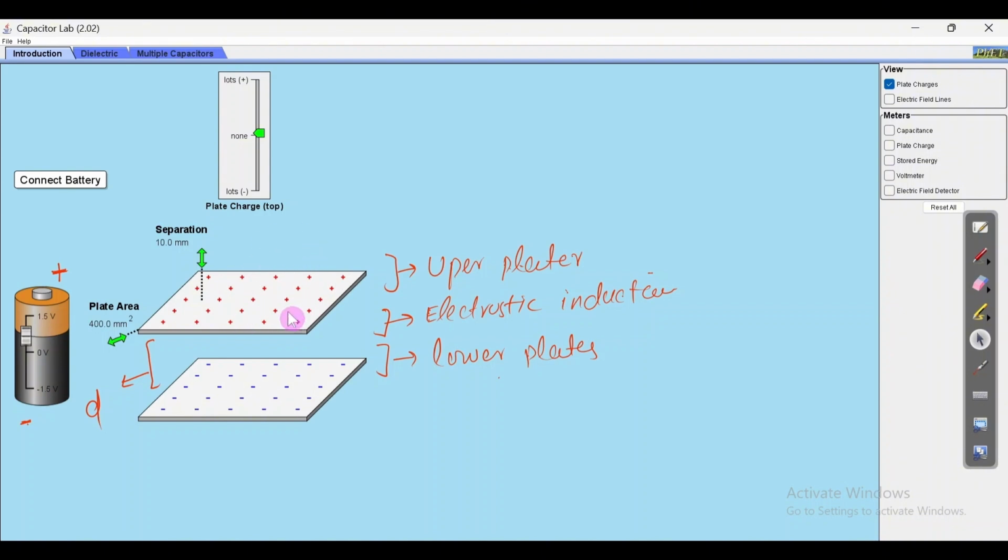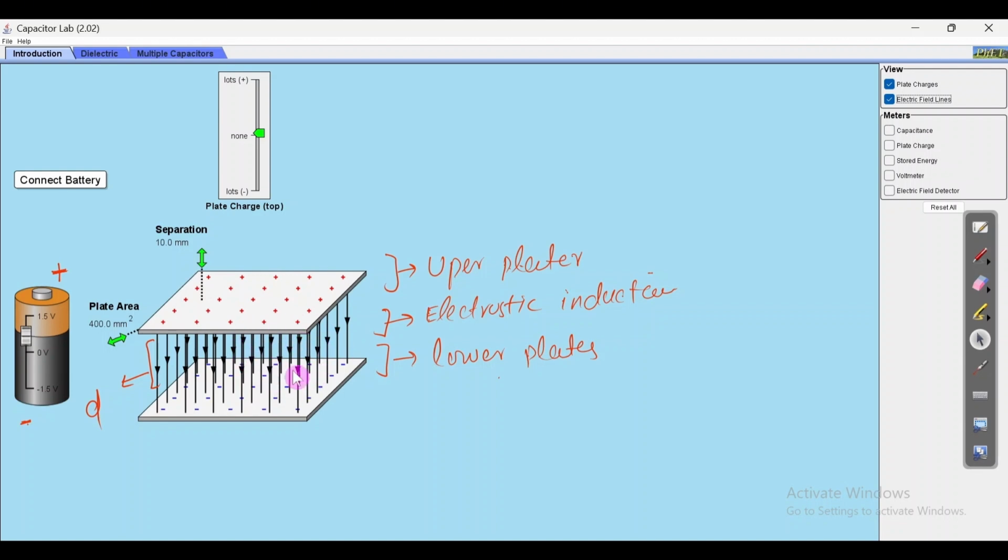This is because electric field lines are still originating from these positive charges and terminating on these negative charges. So there are a large number of electric field lines present between these two plates, which are used for the attraction of these positive charges and negative charges, and therefore they are held by these electric field lines.